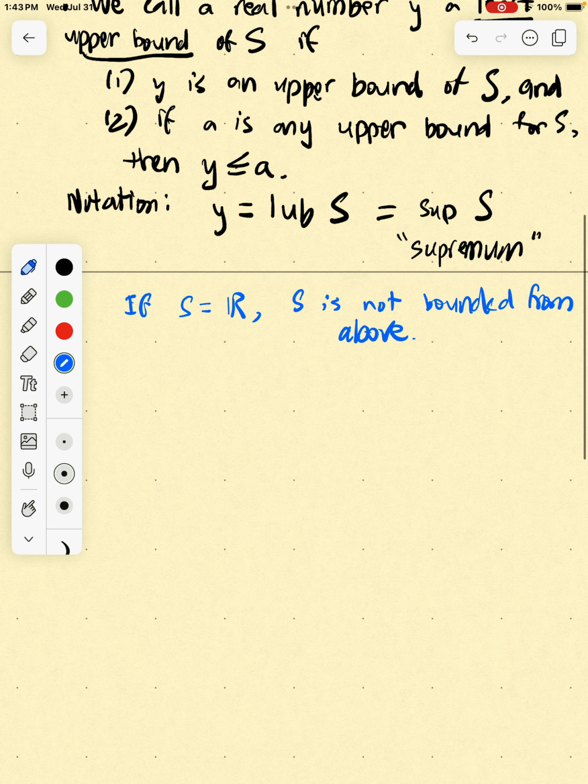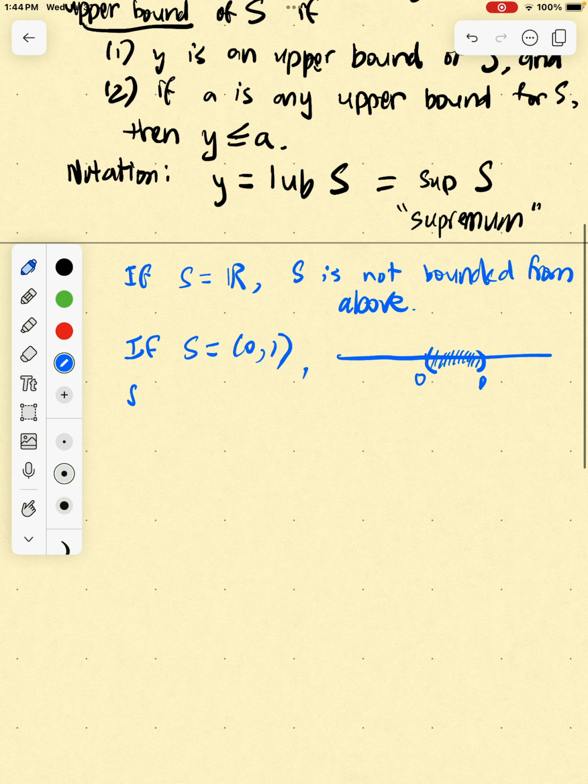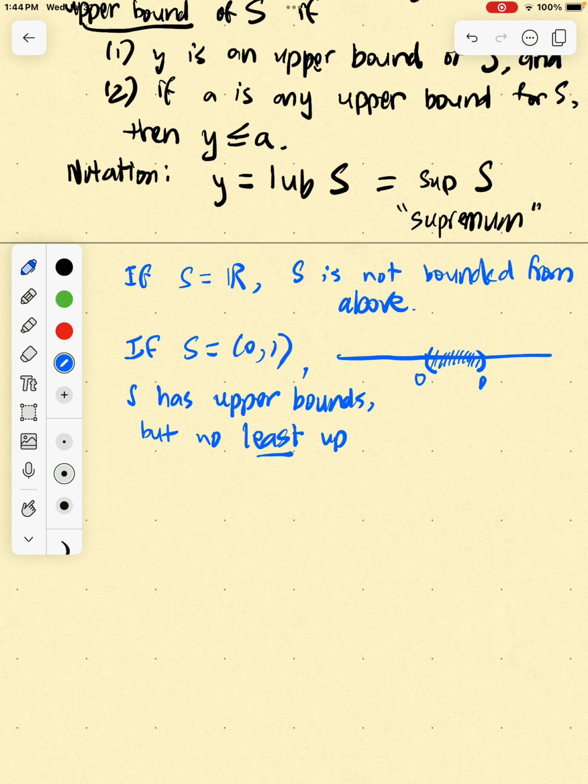Another example is if S is the interval from 0 to 1, so here's 0 and here's 1, and you take all the numbers from 0 to 1 except you don't include 0 or 1. In this case, S has upper bounds, because 1 is an upper bound, and everything greater than 1 is also an upper bound.